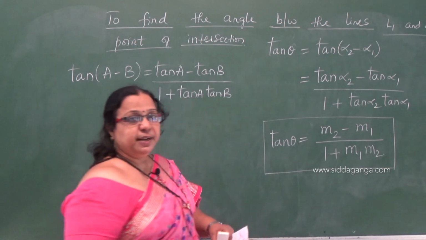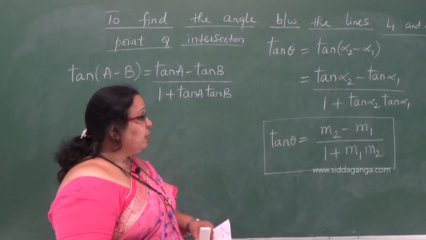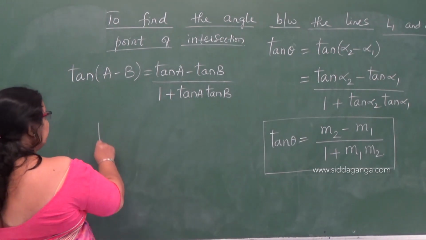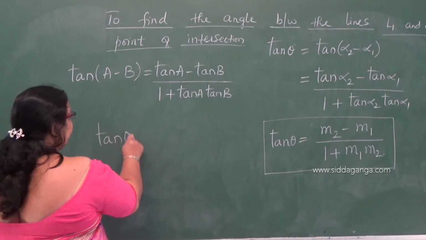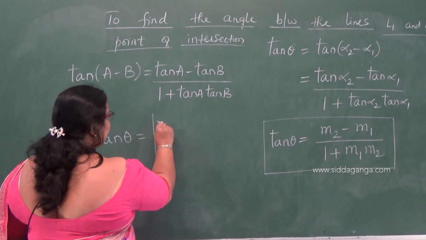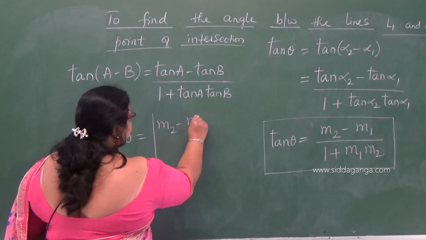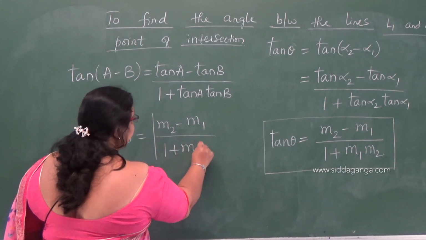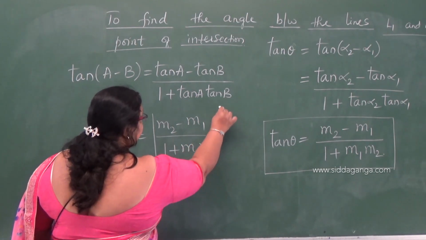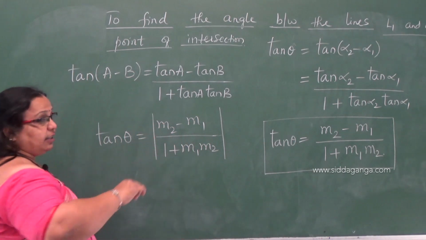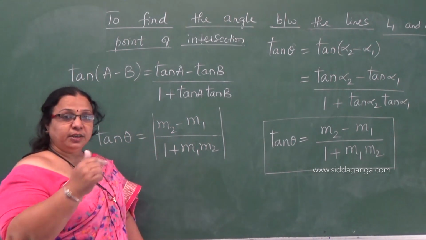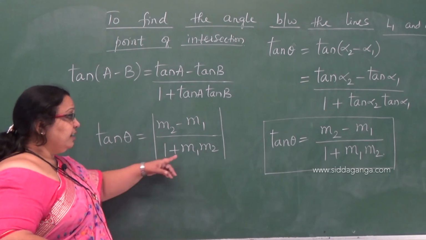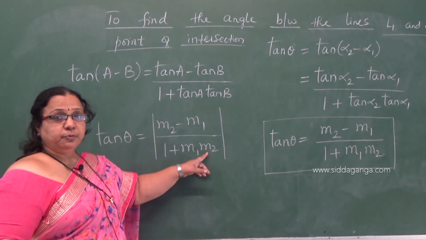So tan theta equal to modulus of m2 minus m1 divided by 1 plus m1 into m2. m1 into m2 or m2 into m1 is the same, so we can take m1 into m2 here.